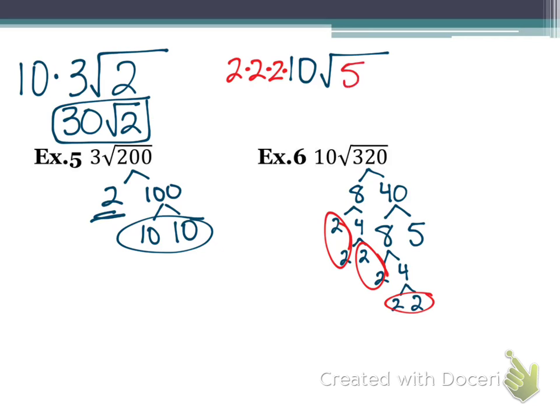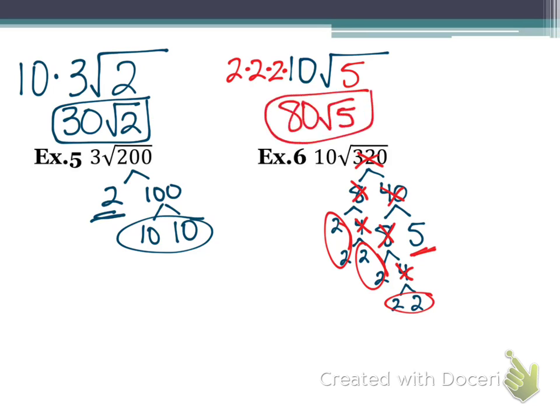Anything with the 5? No, the 5 was all of them. Okay, remember, anything that got broken down, we cross off so that we don't use it. So if we broke down all those 8s, we'd cross them off. 2 times 2 times 2, we already said is 8, but that still has to get multiplied to the 10. That gives us 80 root 5.